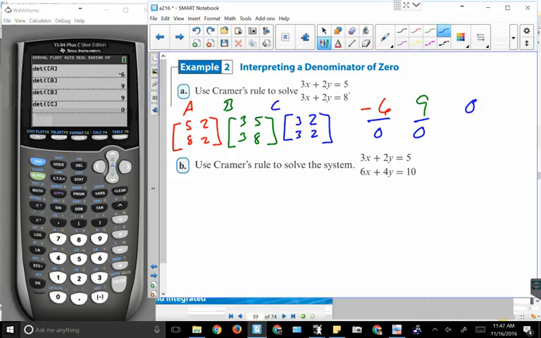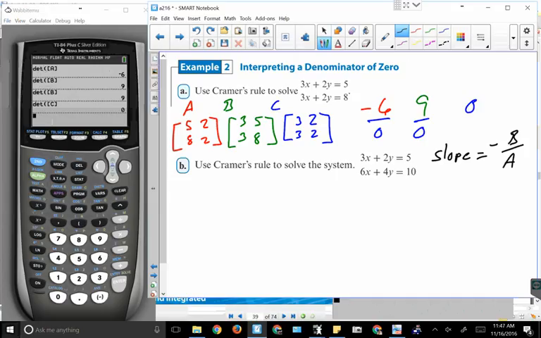It's just undefined. Now, what I want you to take a look at, we've talked about this idea before. When we are dealing with the coefficients, slope is equal to negative b over a.